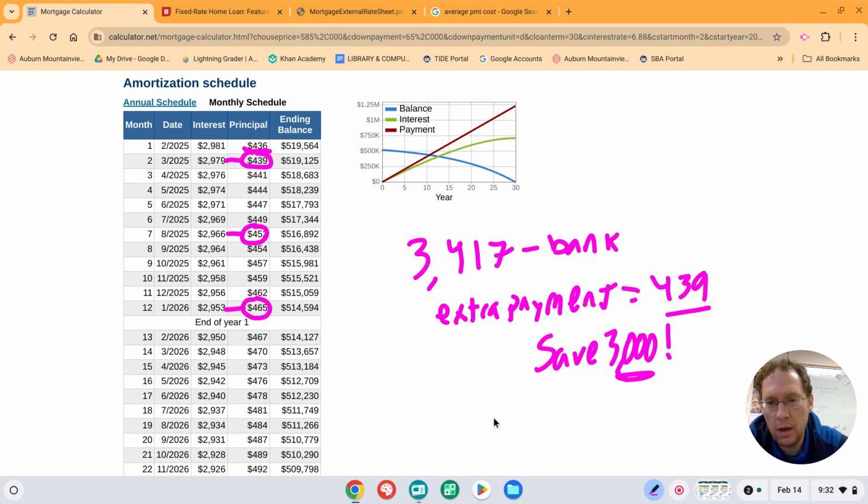If you can make 1, 2, 3 extra payments, you could still save yourself about $369,000. Okay? And in my opinion, that is one of the ways to play this mortgage game, is to figure out how little interest you can pay while, of course, being safe with your finances.